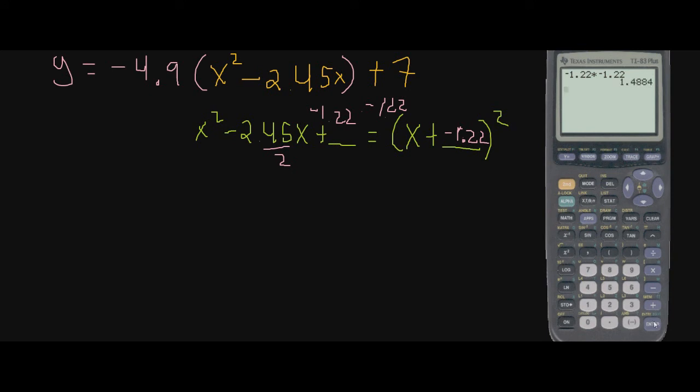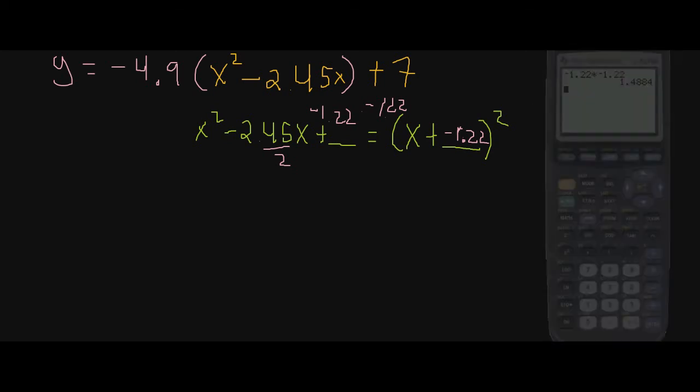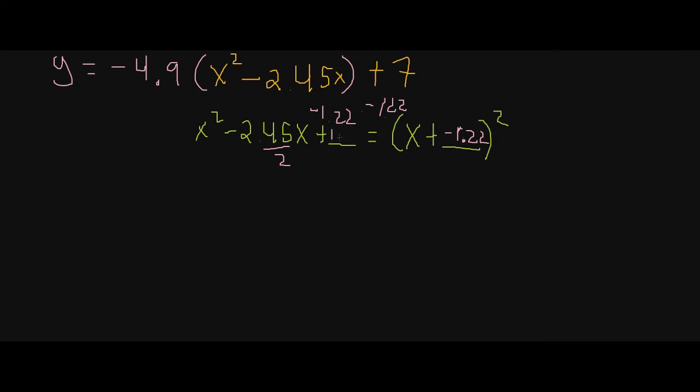And we're going to get 1.4884. I'll just round to 1.5, all right? Let's just do 1.5. Okay. Perfect. So now we know exactly, right? So maybe I'll just get rid of this so it doesn't distract us. Now we know the number we want to add inside here.